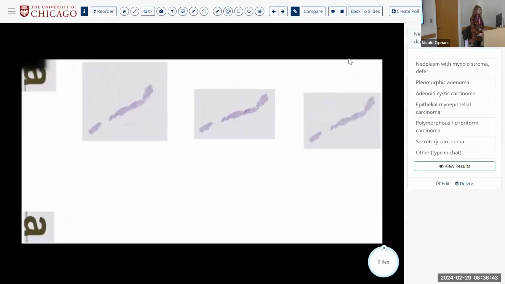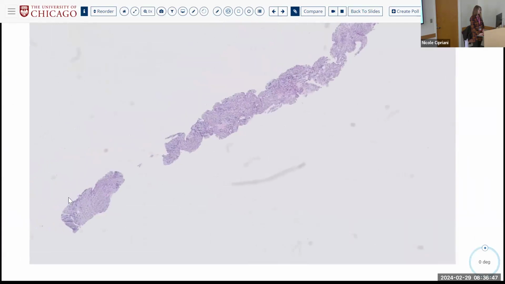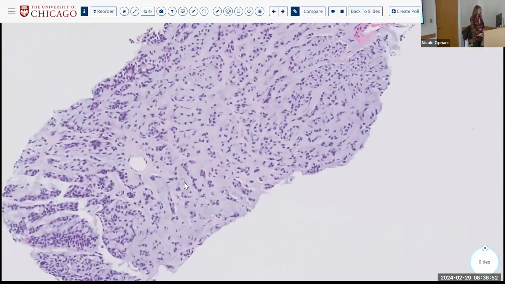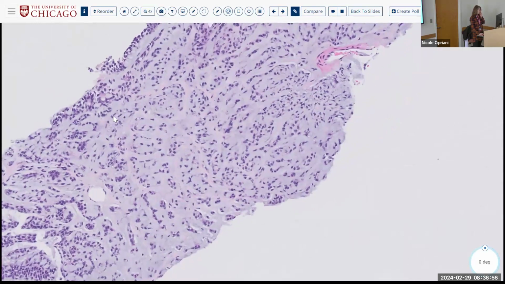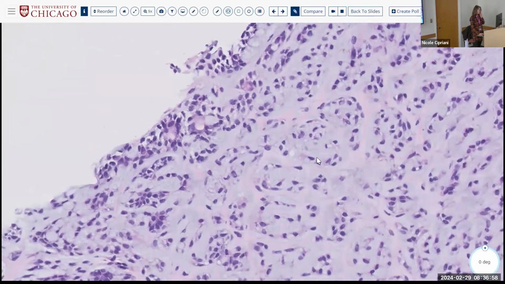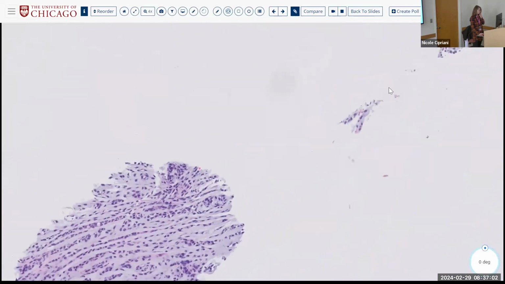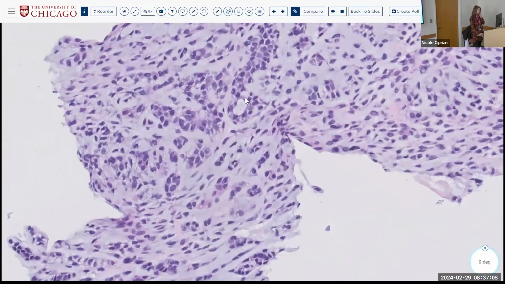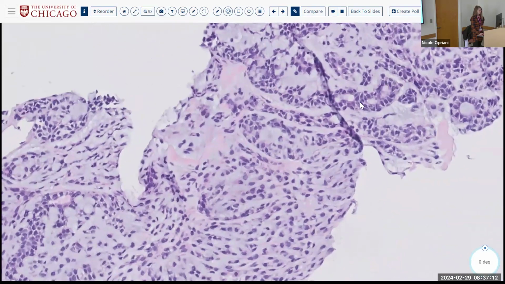Okay. Another core biopsy. With myxoid matrix, with kind of spindly to plump epithelioid cells. Maybe there's a little lumina type of structure forming here and there. There's one there.